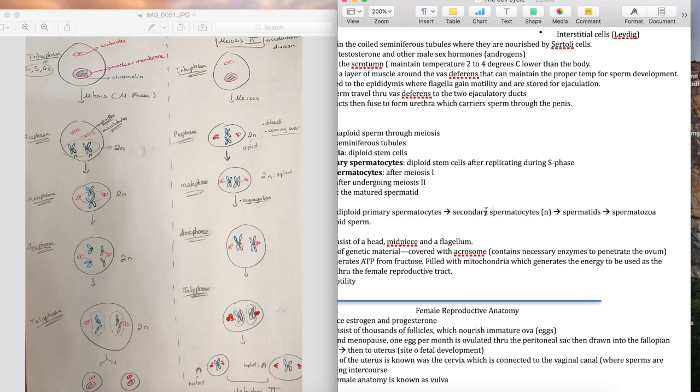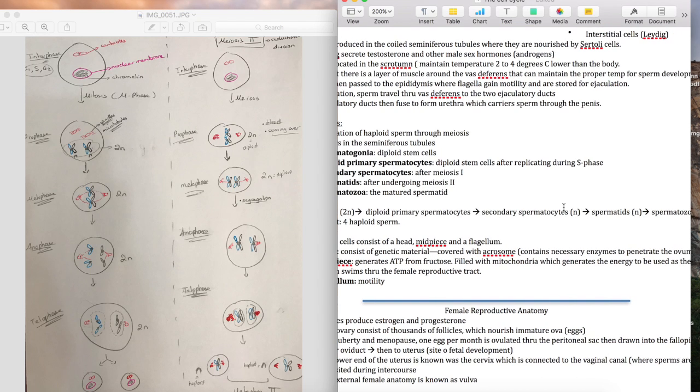Meiosis 1. The secondary spermatocytes to spermatid is meiosis 2. And spermatozoa, at the end of this, is still haploid, right? And the spermatozoa is the mature version of the spermatids, right?